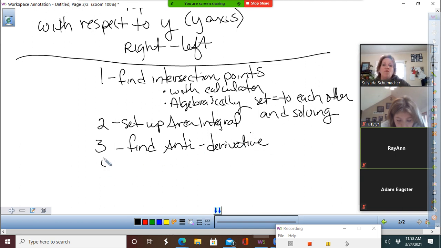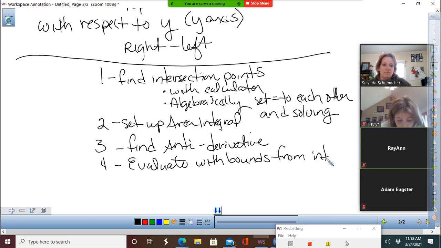And then, of course, 4, we're going to evaluate with the bounds from the intersection. All right.